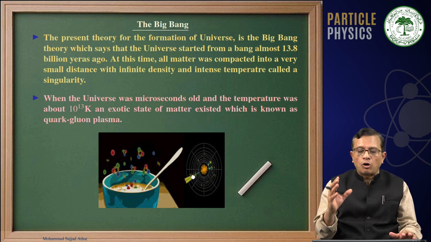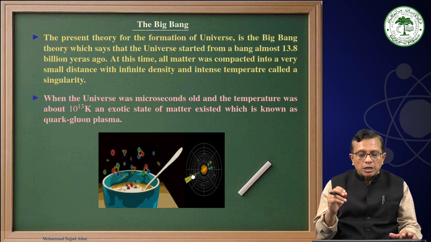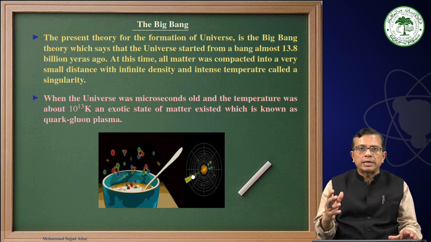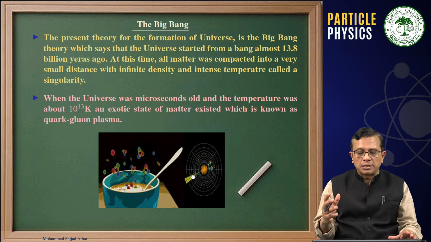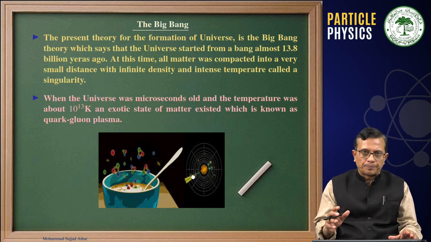At this time, all matter was compacted into a very small distance with infinite density and intense temperature, which we call a singularity. When the universe was microseconds old and the temperature was about 10 power 13 degrees Kelvin, an exotic state of matter existed, known as quark gluon plasma.